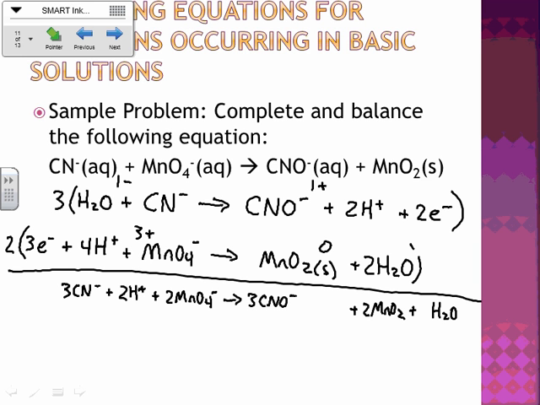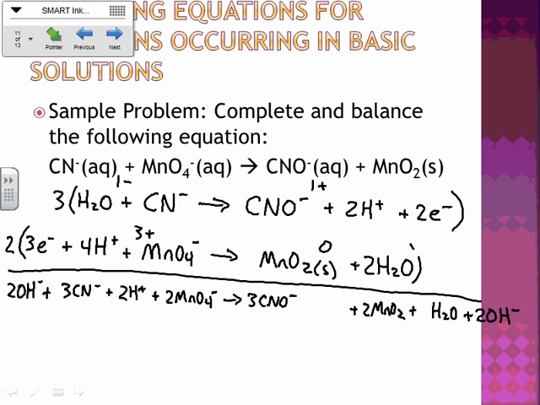So what I need to do is add as many OH minuses as necessary to cancel out the H plus. I've got 2 H pluses written on this side right now, so I'm going to put 2 OH minuses on this side. And then so that I don't change the value of the equation, I'm going to put 2 OH minuses on this side.